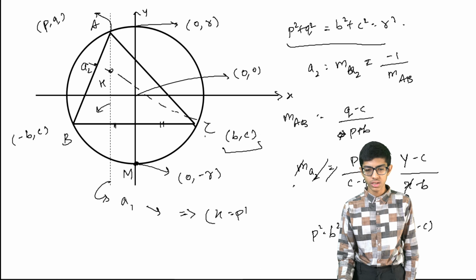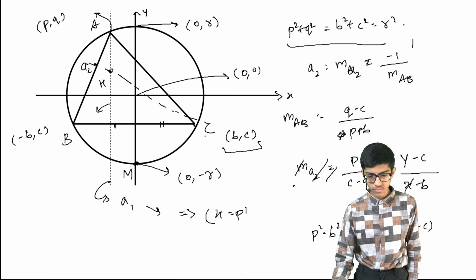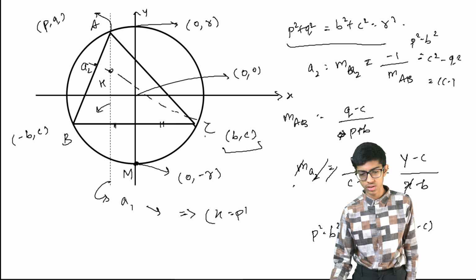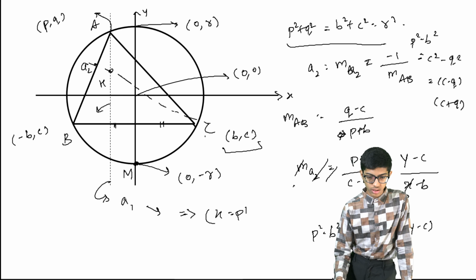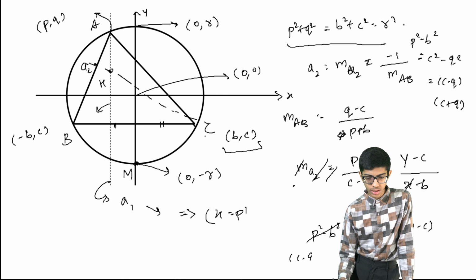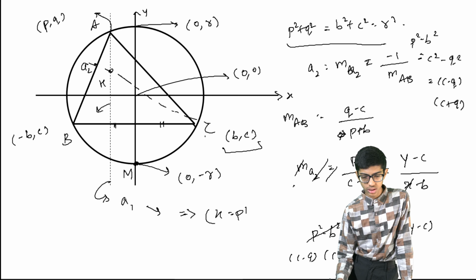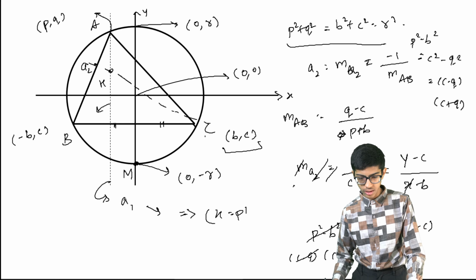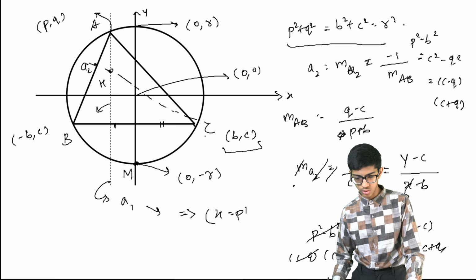Now from here you may notice that p squared minus b squared equals c squared minus q squared, which is equal to (c minus q) times (c plus q). Now substituting this by (c minus q) times (c plus q) and cancelling this out, we get y equals 2c plus q.